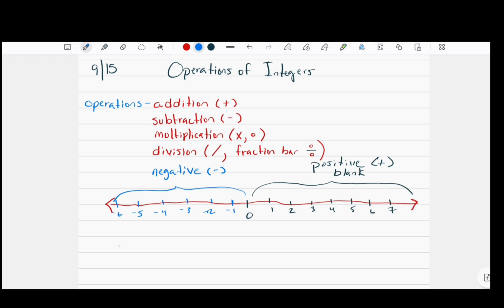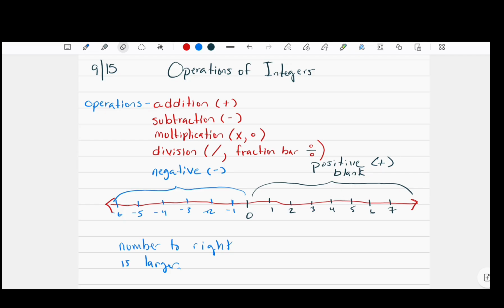Now, on the number line, the number to the right, I'm sorry, the number to the right is larger. All right? If you compare any two numbers on the number line, whoever is on the right side is larger.